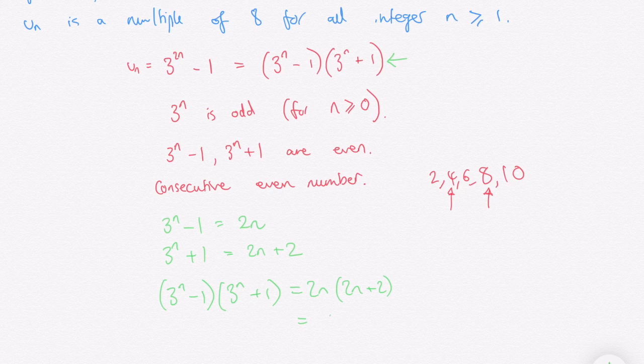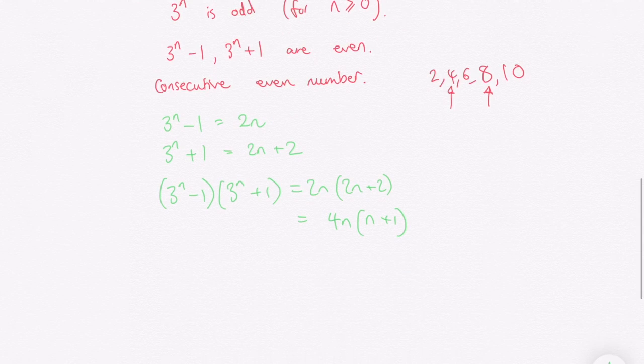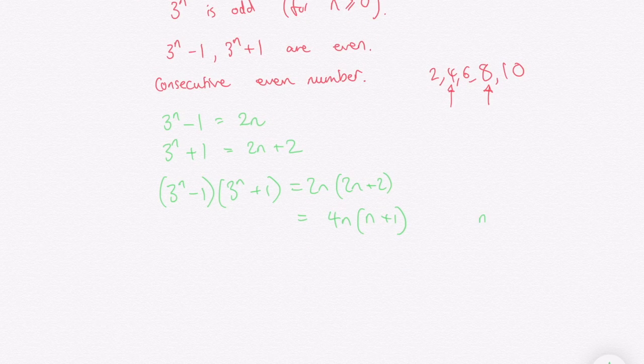Taking a factor of 2, that is 4 times n and n plus 1. But n and n plus 1 are consecutive numbers, so one of these is even. So we have another factor of 2 here, and the whole thing is a multiple of 8.